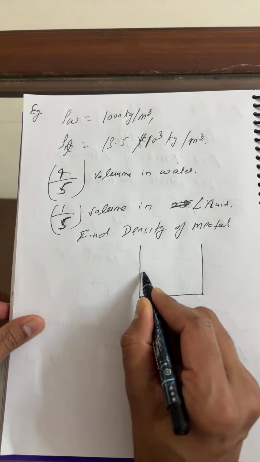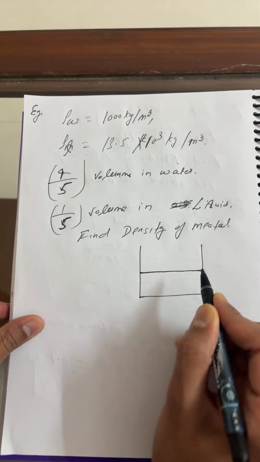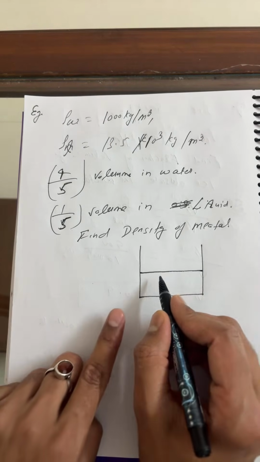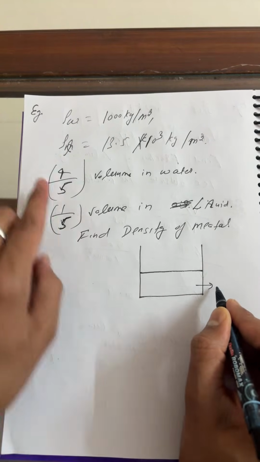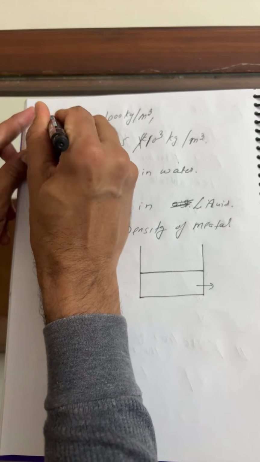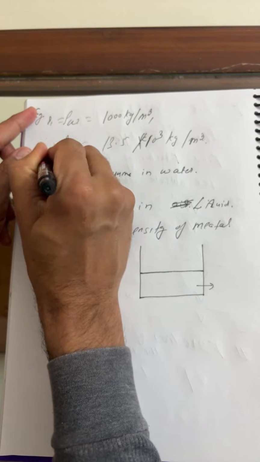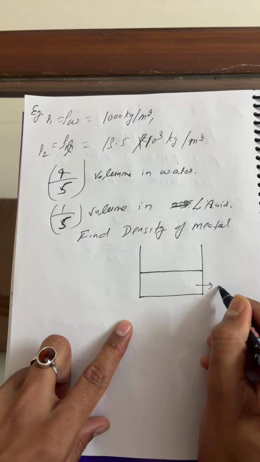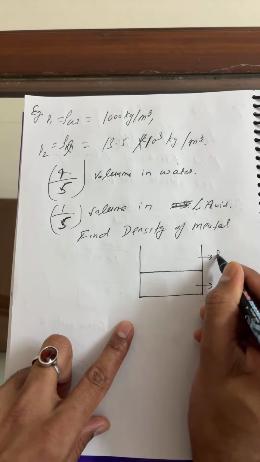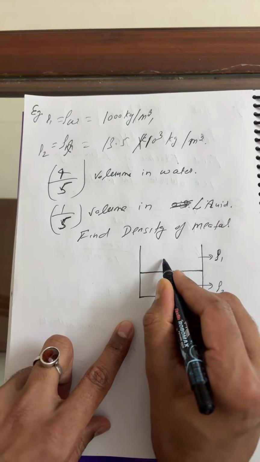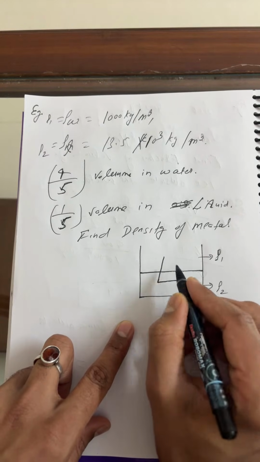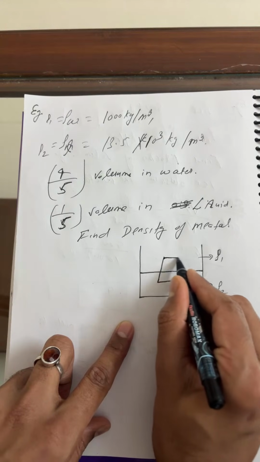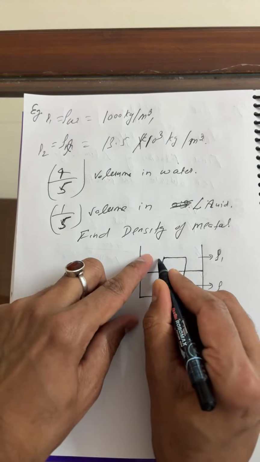There are two liquids here, rho 1 and rho 2. This is rho 2, and this is rho 1. This is the material, or floating body, with volume 1/5.